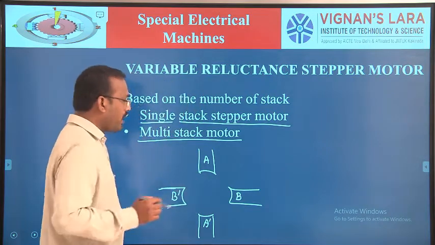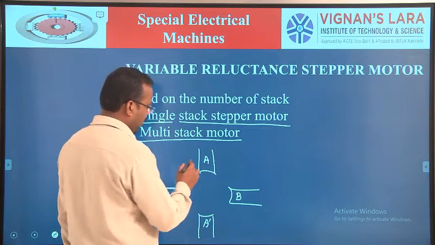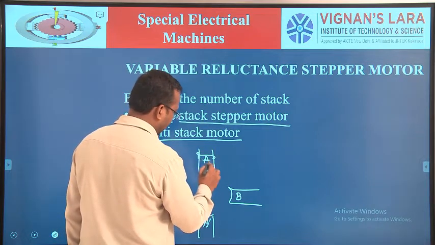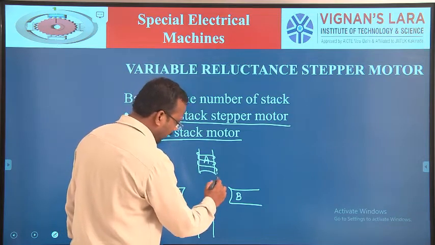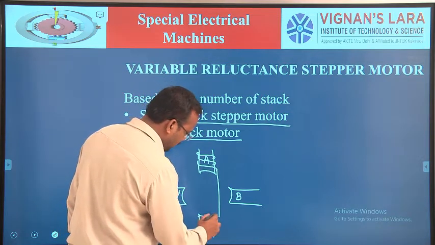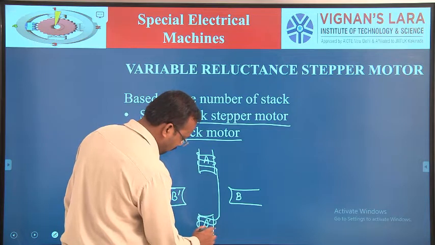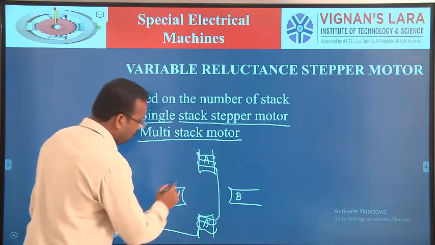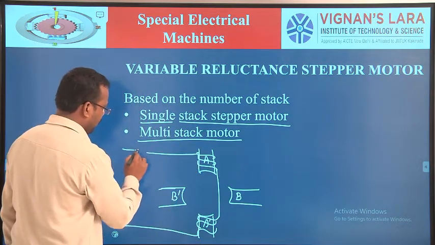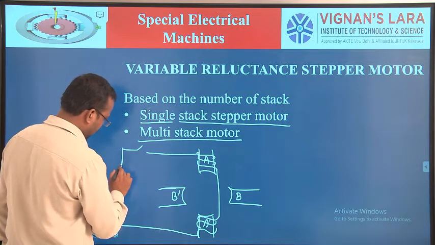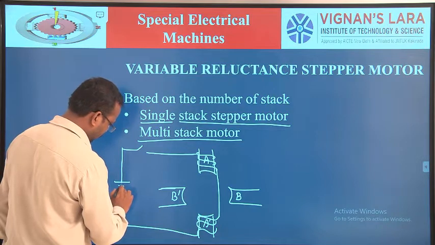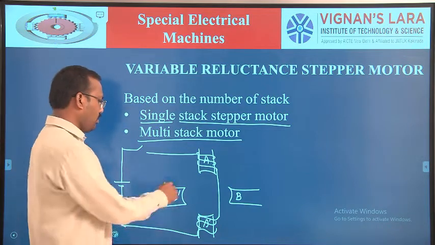We have concentric winding on the stator poles, and the windings are connected in series to form the phases. Like this, they are connected through semiconductor switches. This is one phase.